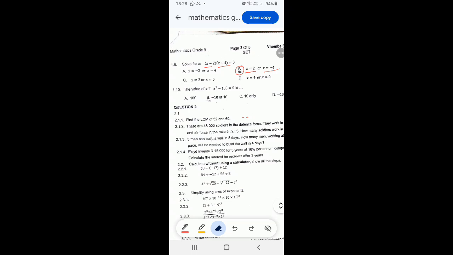1.10. Remember the difference of 2 squares? This one is a difference of 2 squares. How do we solve it? It's easy. This is how we do it. x squared is x here and x there. What about the 100? Punch on your calculator square root of 100, you will get 10. Now a square root means 2 possibilities.